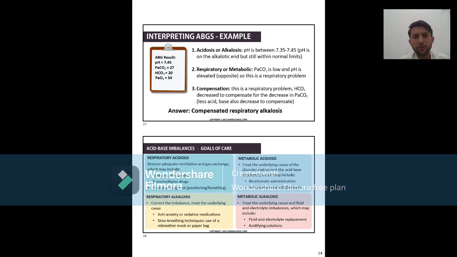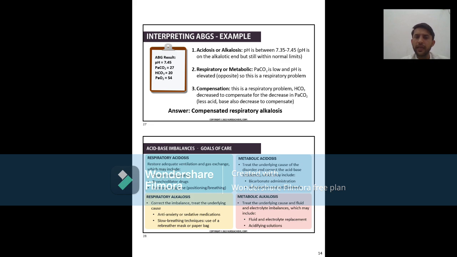We also use a bronchodilator so the patient can exchange gases easily. Pulmonary hygiene, positioning the head of the bed, mostly in the semi-Fowler position, breathing pattern, and a clear environment we provide to the patient. In respiratory alkalosis, we have to correct the imbalance and treat the underlying cause.